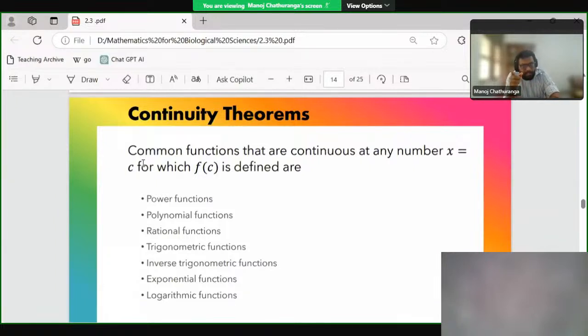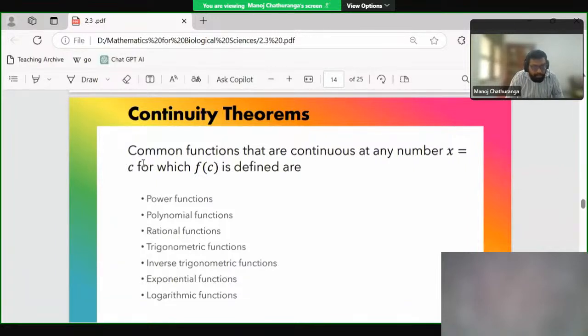1 over x is also continuous on its domain. You saw that in that example, the problematic point is 0, but 0 is not in the domain of 1 over x. For every point in the domain, the function 1 over x is continuous. So power functions are continuous. Then polynomial functions. Polynomial functions means combinations of powers like x squared plus 2x plus 3.